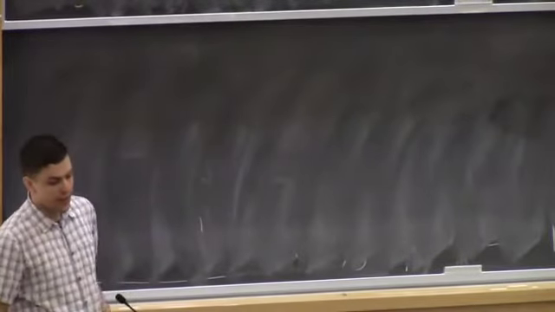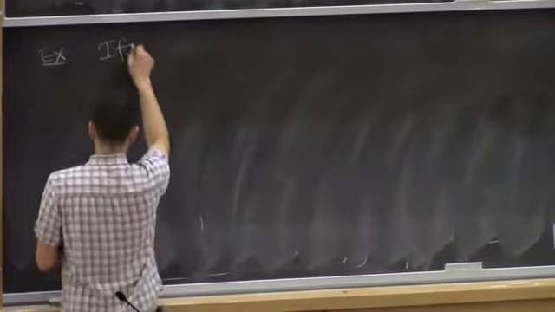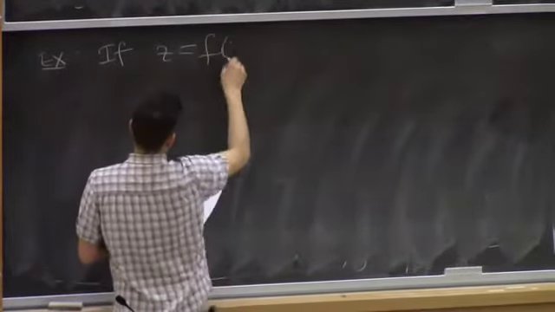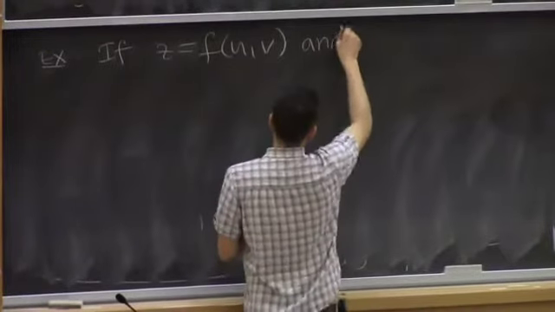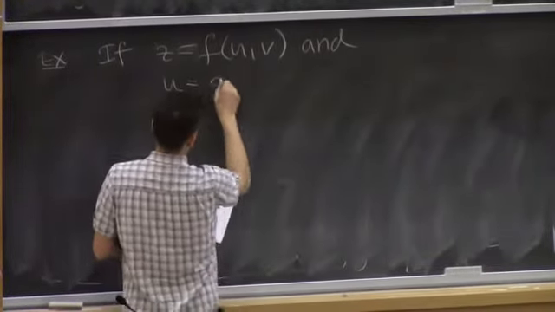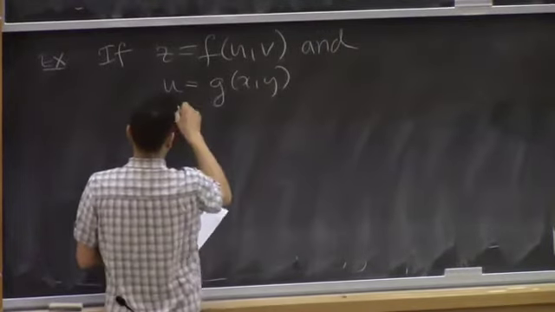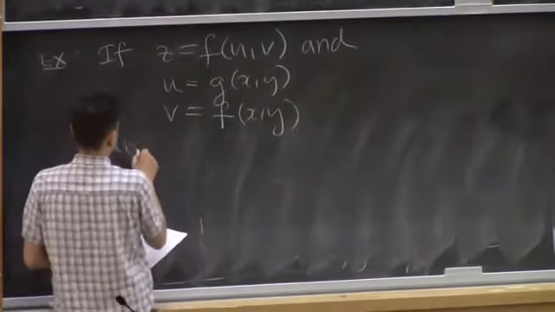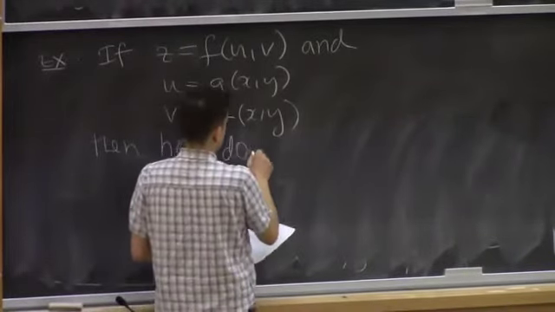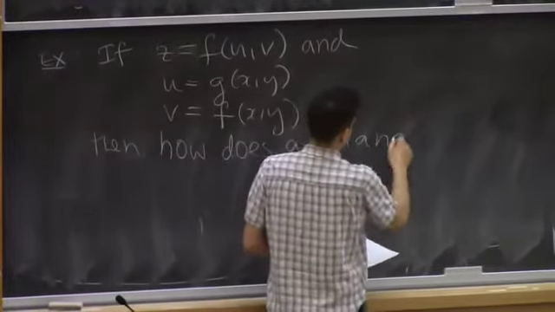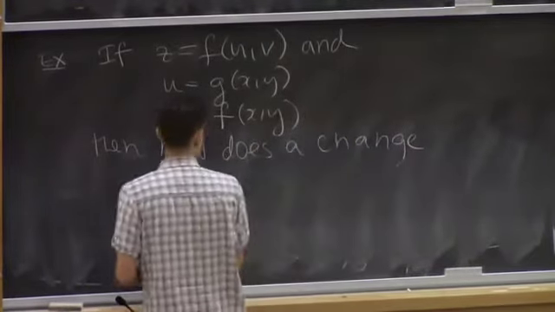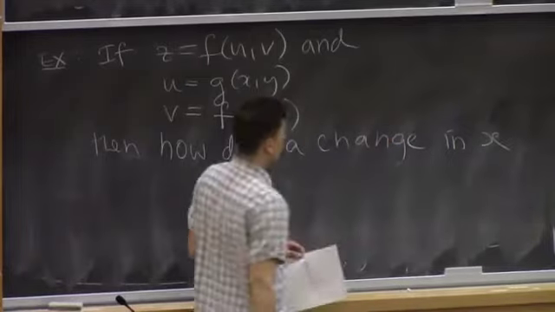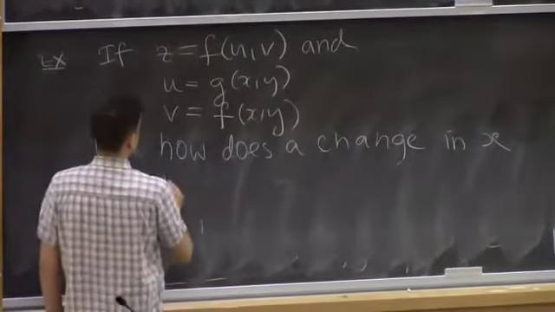Okay, so now I want to see what happens if we have multiple variables at the same time. Then how does a change in x produce a change in z?